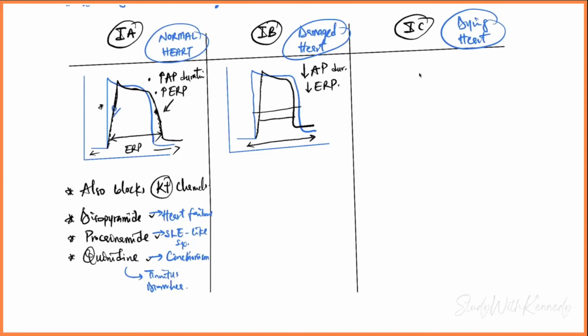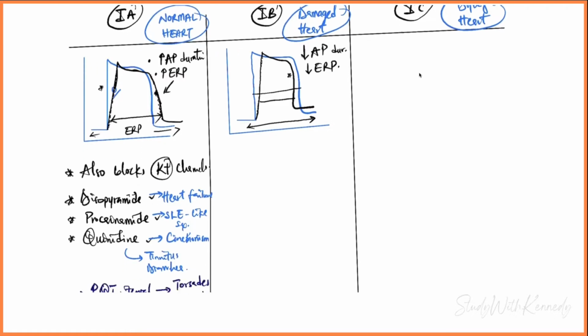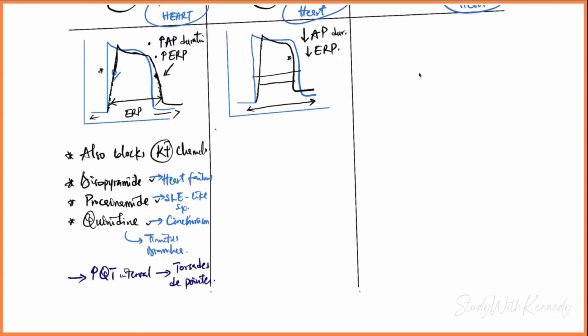Basically, if you notice what's going on here, repolarization is occurring much earlier. So we could say that class 1B medications accelerate repolarization.